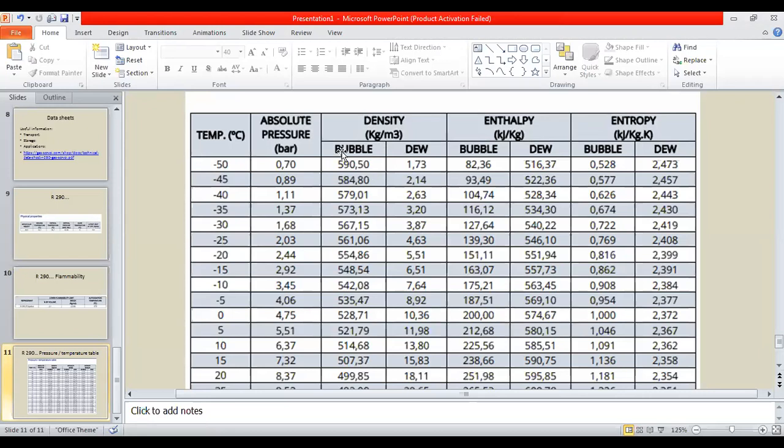Here it is mentioned bubble. Bubble means something like a gaseous form, forming bubbles. Even when you boil water, when you heat up water, there can be formation of bubbles. So bubble is something like a gaseous form. Dew is drops, it's about the liquid. Bubble, dew.